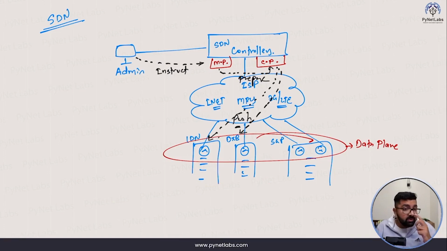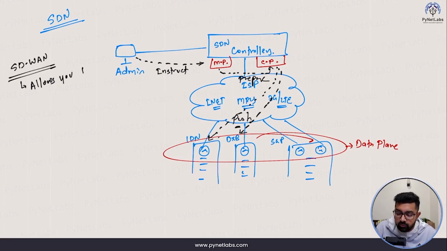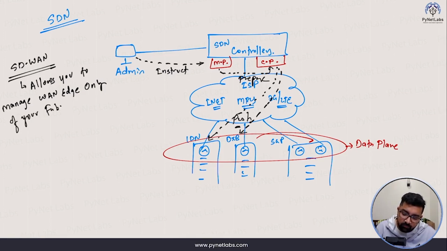And when we speak about the SD-WAN solution, the SD-WAN solution allows you to manage WAN edge devices, only the WAN edge devices of your fabric, via an SDN controller.